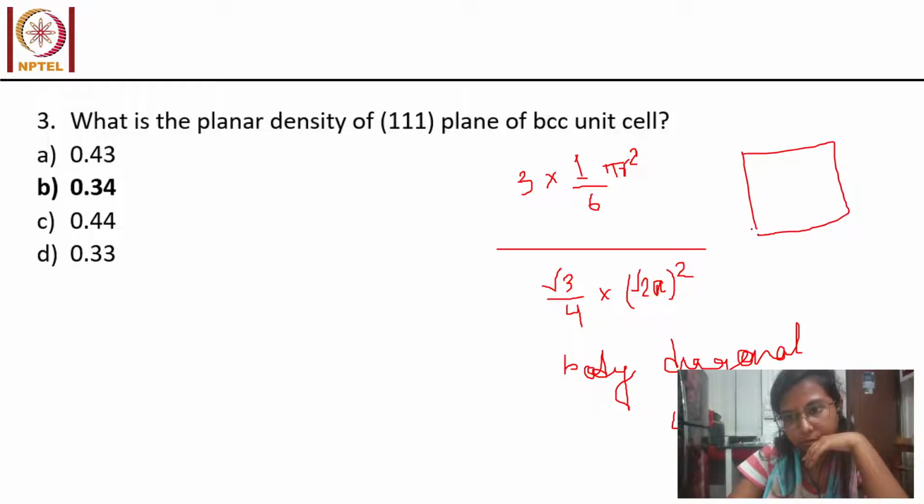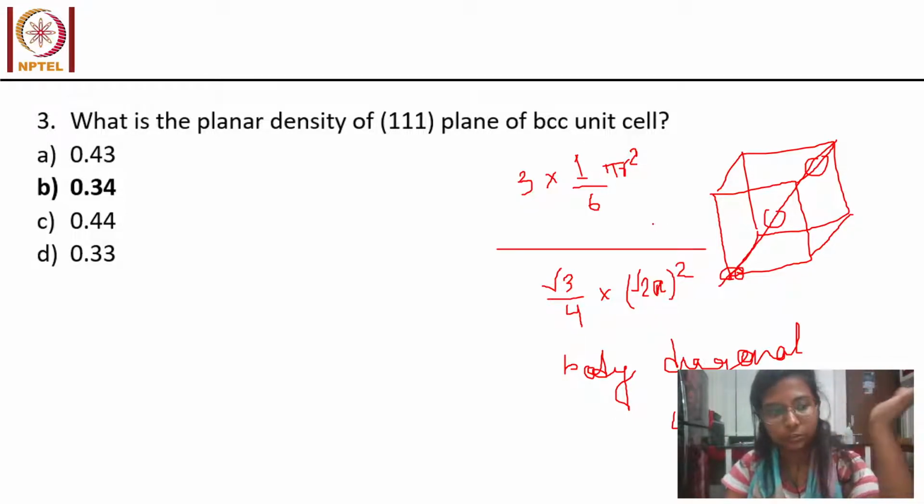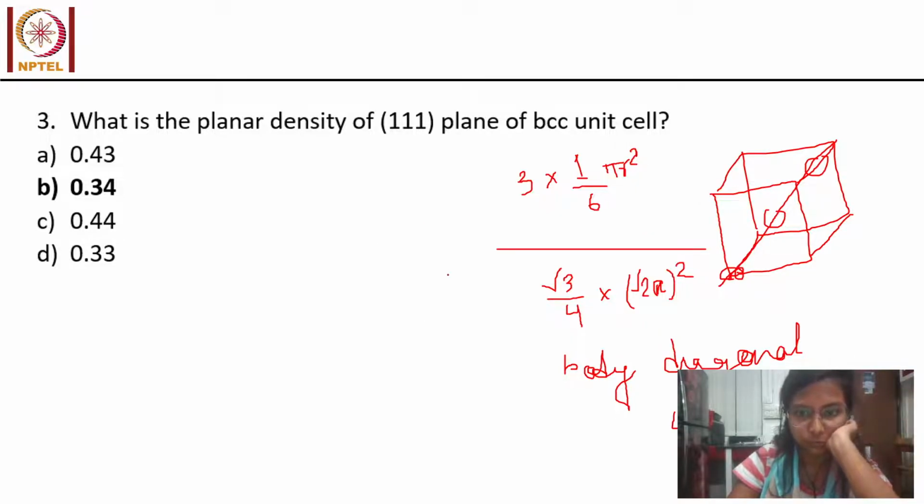So you just draw a BCC lattice. So here we have one, assuming full packing. We connect them. So we have root 3 a equal to 4r. Now you just simply have to substitute and you will find out the value. So we can do that.